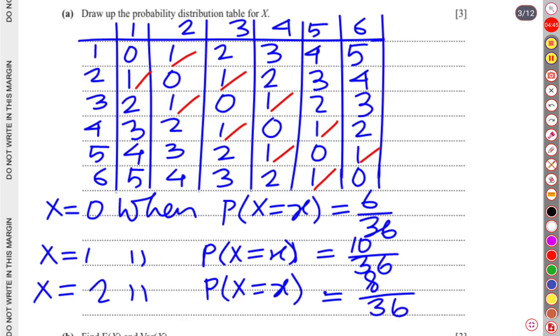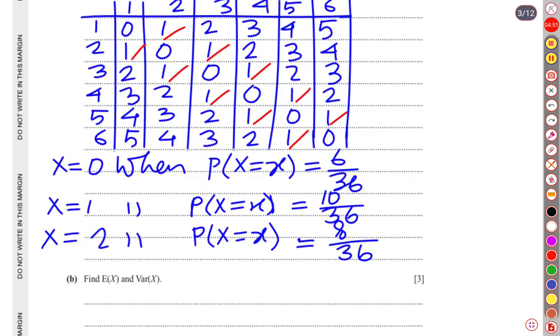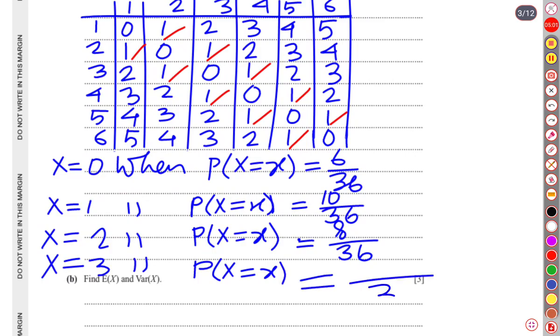Then if x takes the value of 3, how many threes are there? 1, 2, 3, 4, 5, 6. There are 6 threes, so 6 over 36.